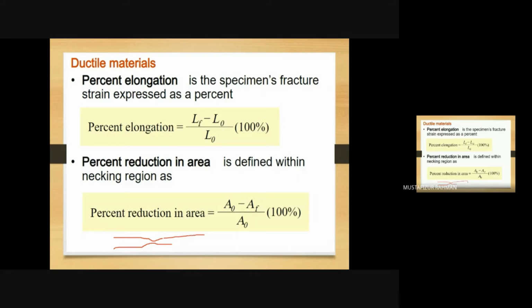That is the necking region. There we calculate the percentage reduction in area. A naught is the original cross-sectional area and AF is the final cross-sectional area. The change in cross-section divided by the original cross-section, multiplied by 100, gives us the percentage reduction in the cross-sectional area.